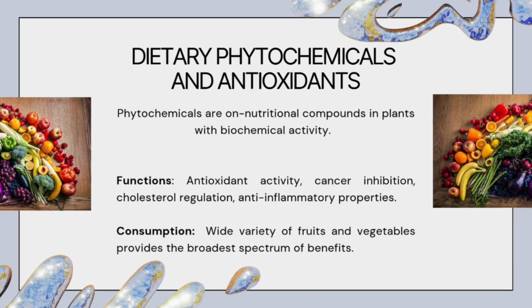The functions that phytochemicals perform in the human body include antioxidant activity, cancer inhibition, cholesterol regulation, and anti-inflammatory properties. Each fruit and vegetable is a unique package of phytochemicals, so consuming a wide variety of fruits and vegetables provides the body with the broadest spectrum of benefits.